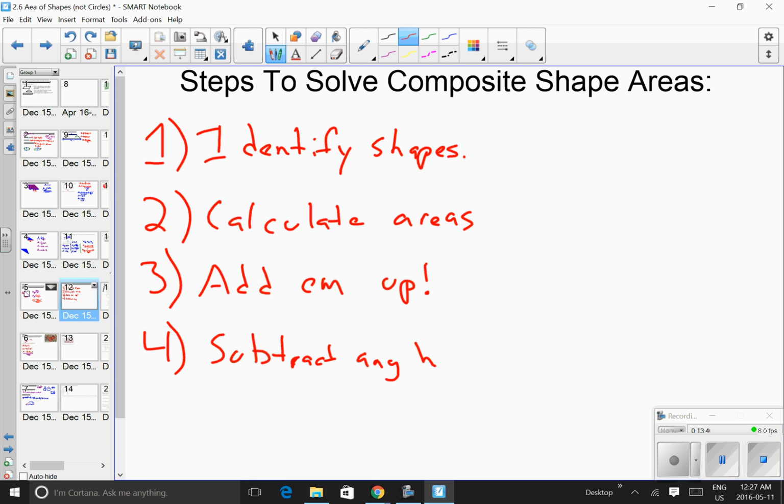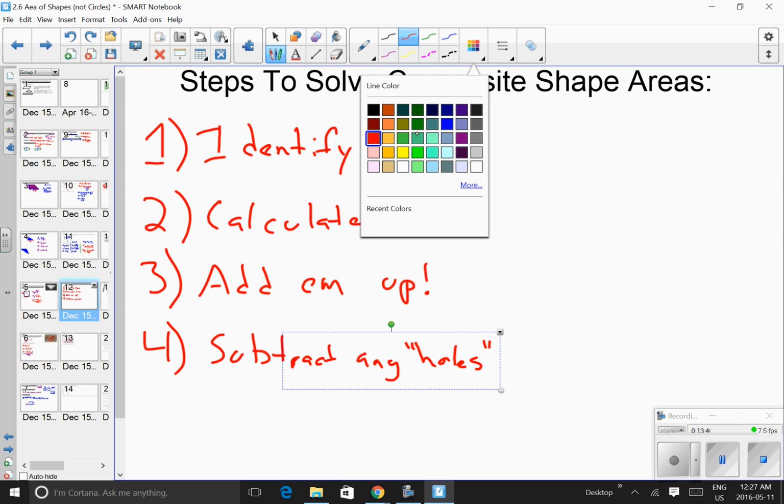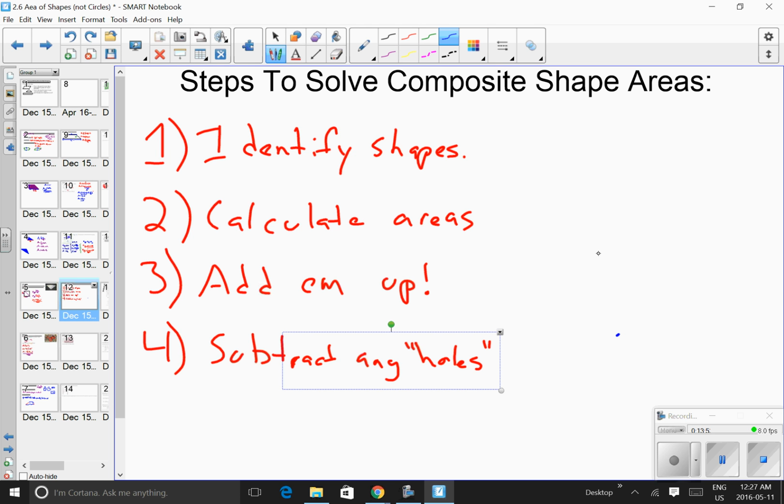any holes. So we didn't have that in our last question, but it's just one extra step. So if you have, for example, something like, let's say we have our garage here, but we have also a door in it.